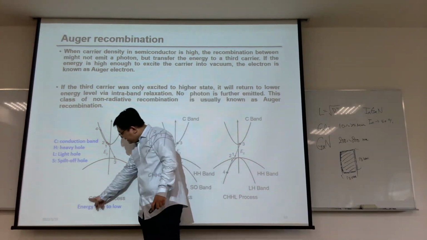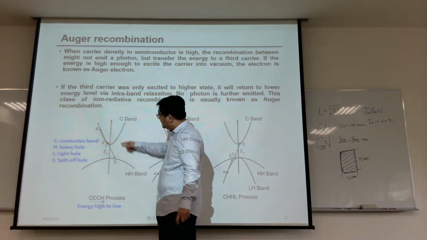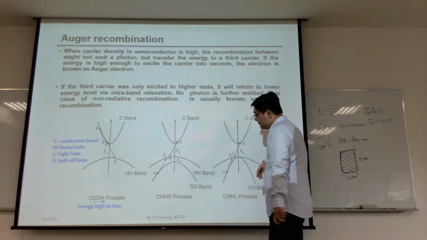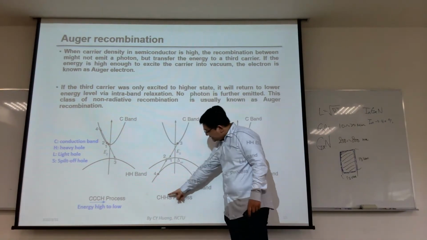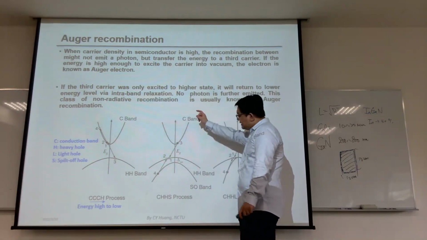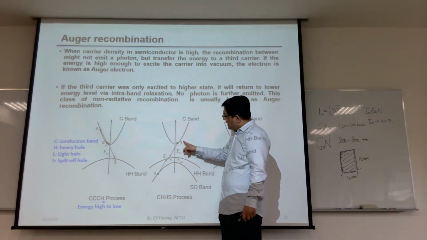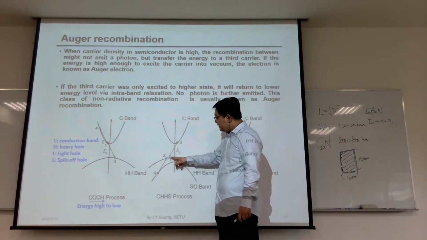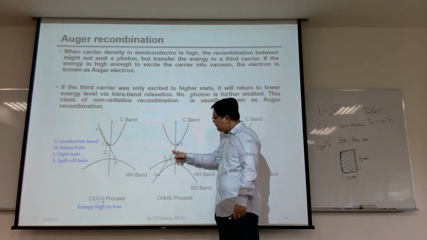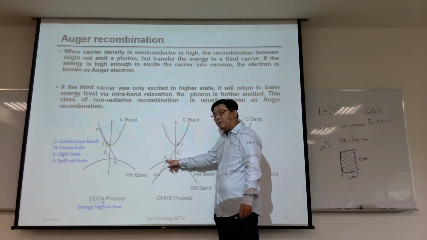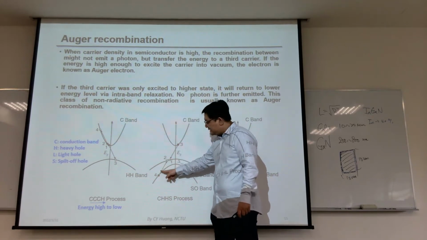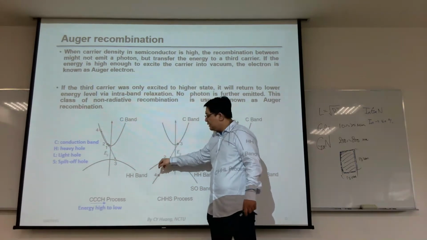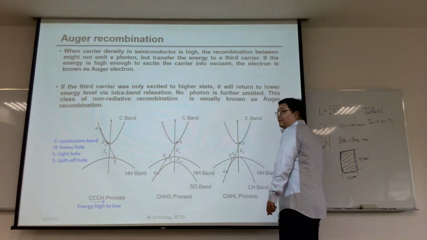For example, the CCCH process is the conduction band, heavy hole. Okay. And this is the CHHS process. What happens here? An electron recombines with a hole in the heavy hole band, and the energy is transferred to another hole, which excites an electron in the split-off hole band up to the heavy hole band.